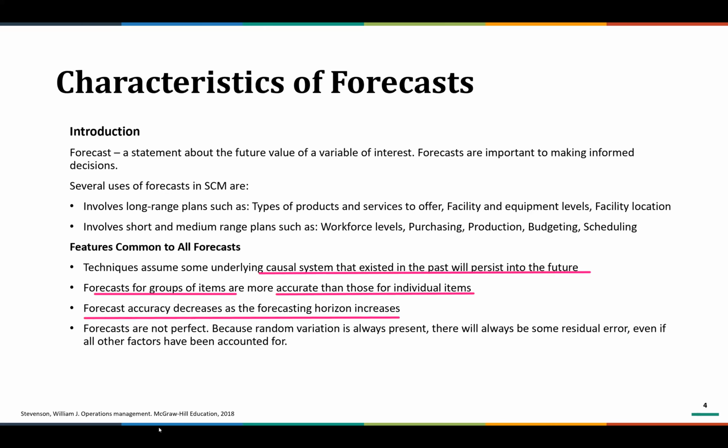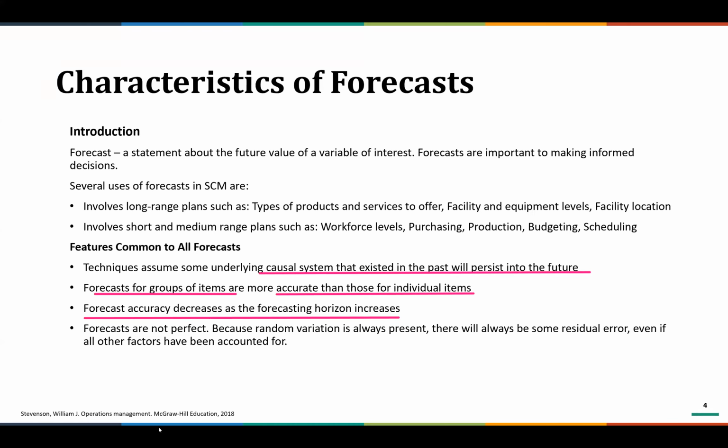Another thing is that the longer the time period, the less accurate the forecast is going to be. This means that if you want to have a better forecast, the closer the time frame, the better. For example, it is more difficult to forecast what will happen five years from now compared to the next year. It is also more difficult to forecast a year ahead compared to tomorrow.